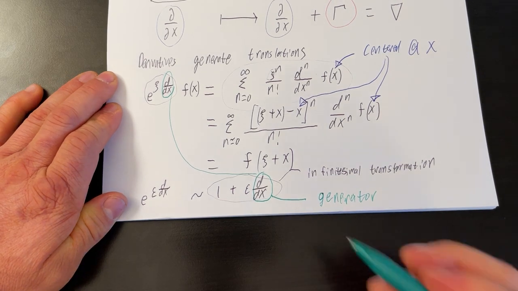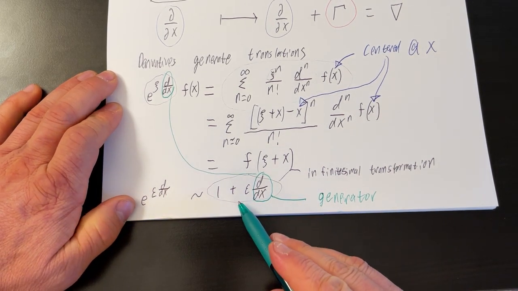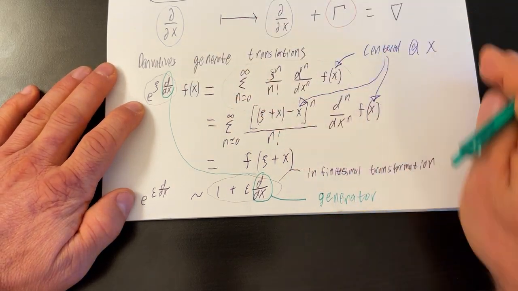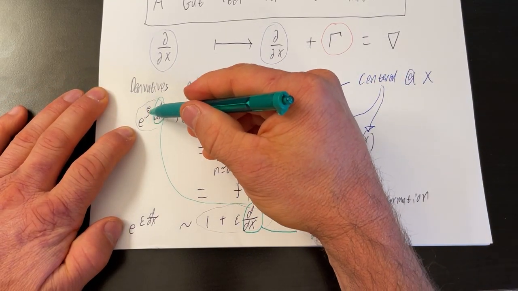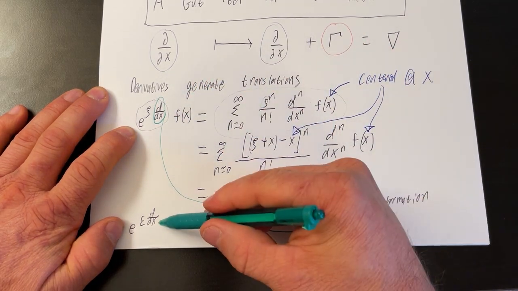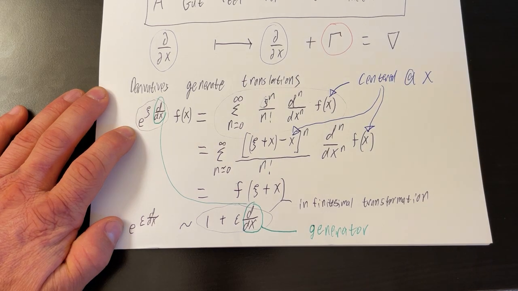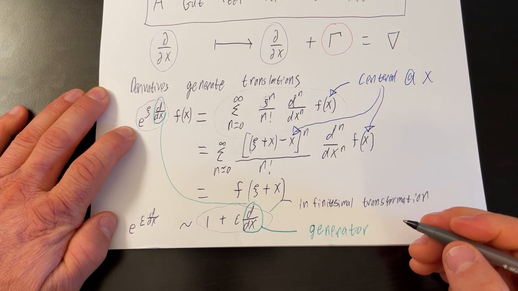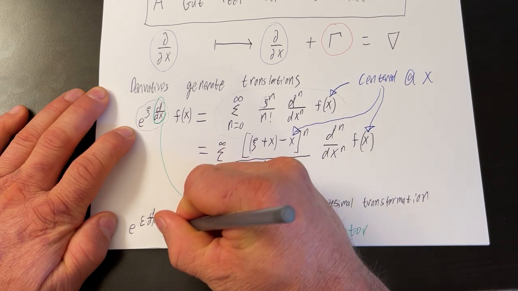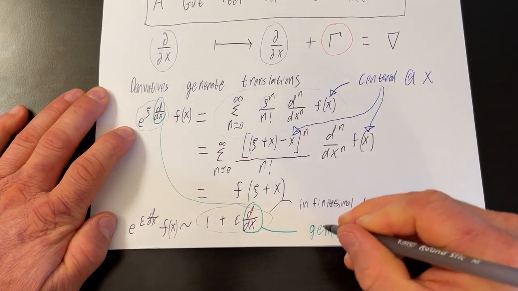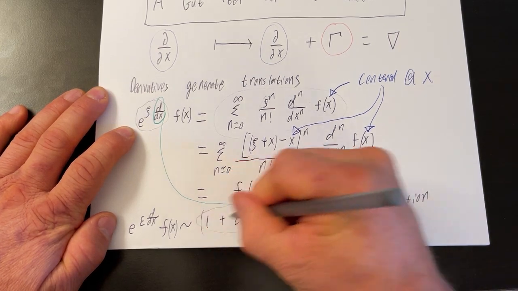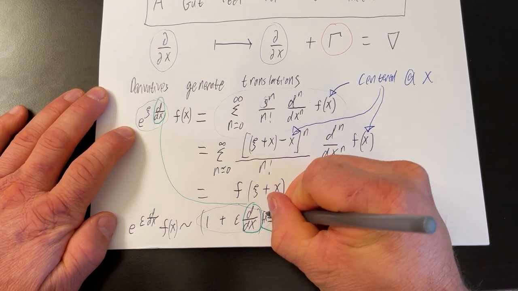So you can do an infinitesimal transformation, or you can do a macroscopic transformation. Up here, e to the xi d dx is a macroscopic translation operator. This one down here is an infinitesimal transformation. So if I put in f of x here, then I could say on the other side that this is, let's see, pardon the clutter here, this is going to be f of x.